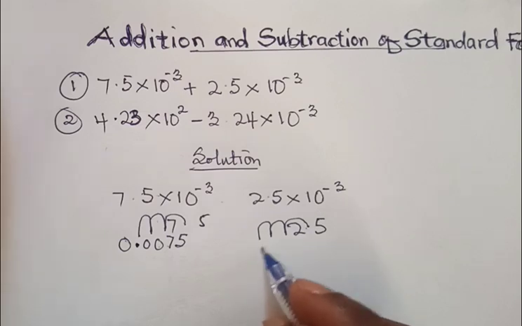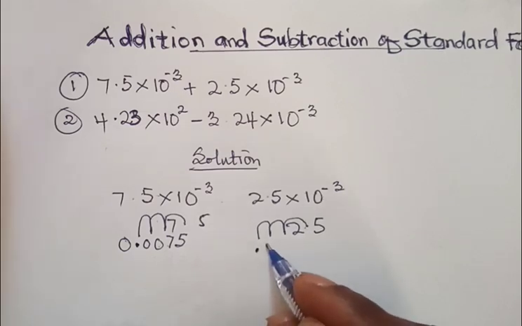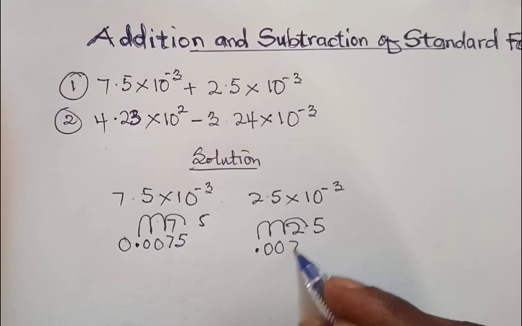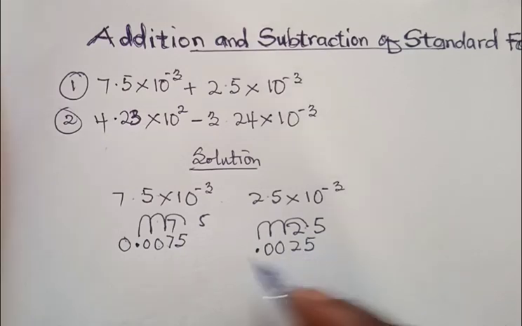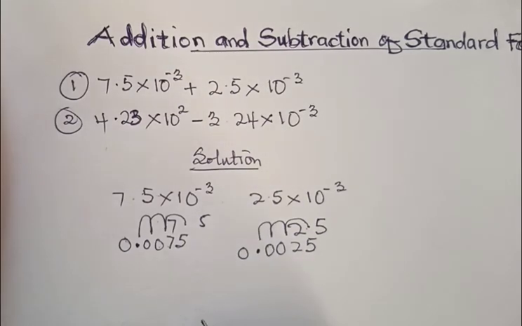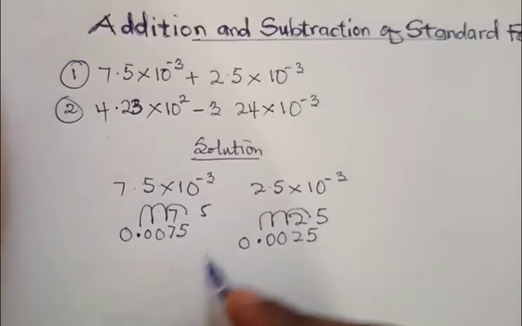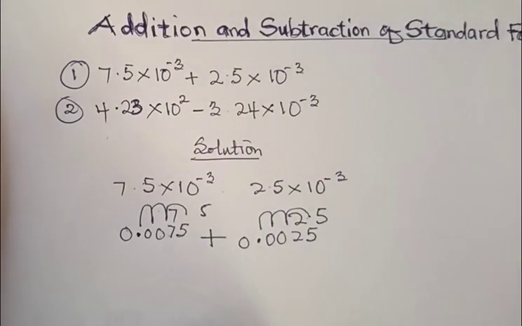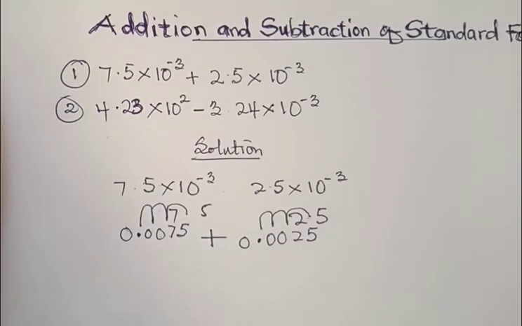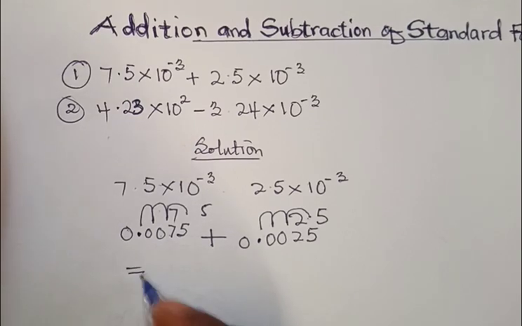Then I'll bring my point here, replace here 0, 0, and then 2, 5. Then I'll bring my 0. Have you gotten that? So this time we are going to add this to this. Now let's quickly add this and write our answer.